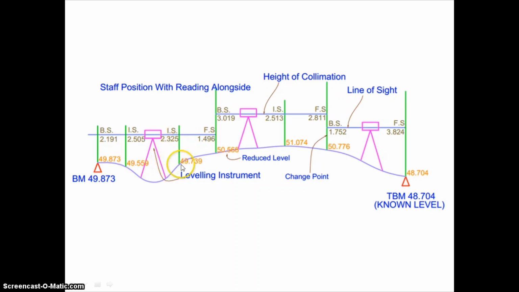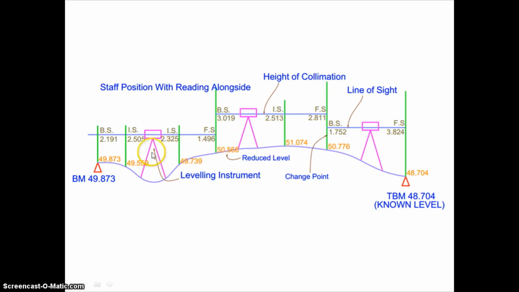Then again here one staff is put and one reading is taken, that is 2.325. And after that, they decided that now I have to change the instrument position from this particular point. So this particular point is called a change point.